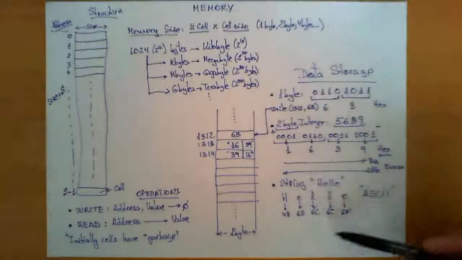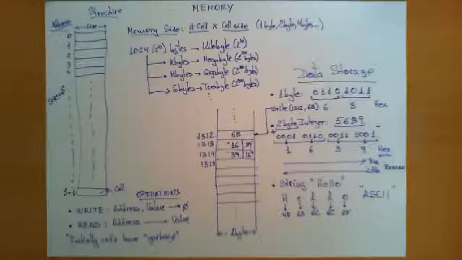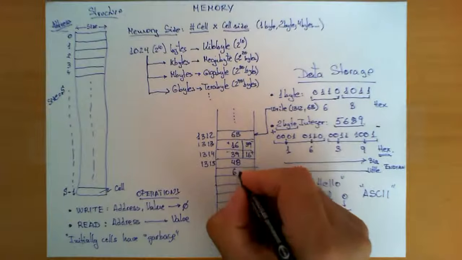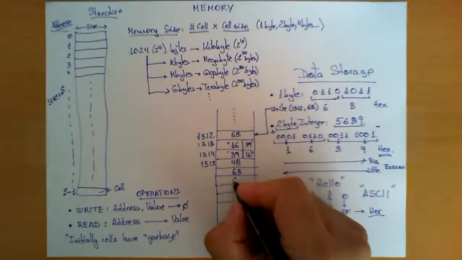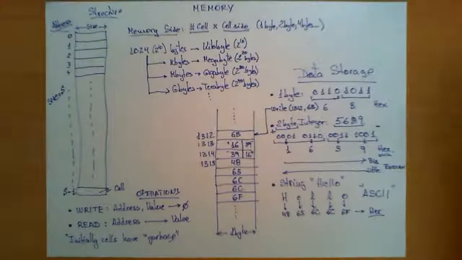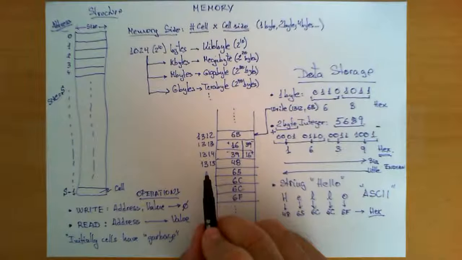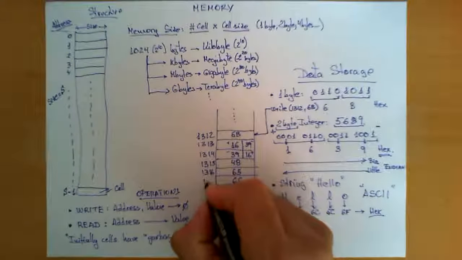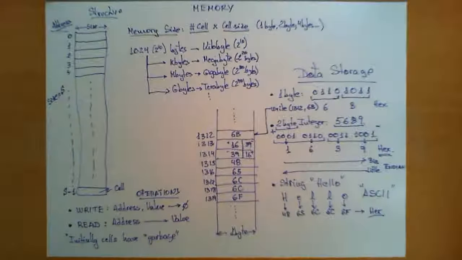Now, how do I manage to store this information in memory? Again, if I choose to store it in position 1315, then I would store the following bytes: 48, 65, remember though that all these are hexadecimal representations, 6C, 6C, and 6F. Now the conclusion here is that the string made out of 5 letters will occupy all 5 cells, from address 1315 to 1316, 1317, 1318, 1319.